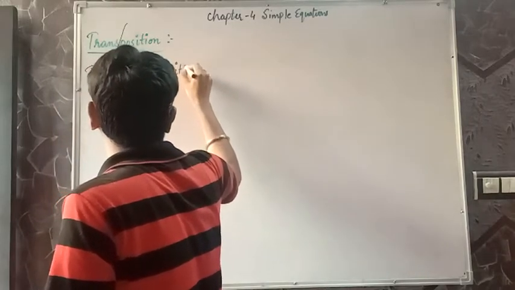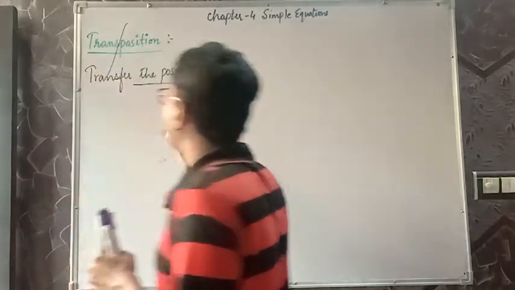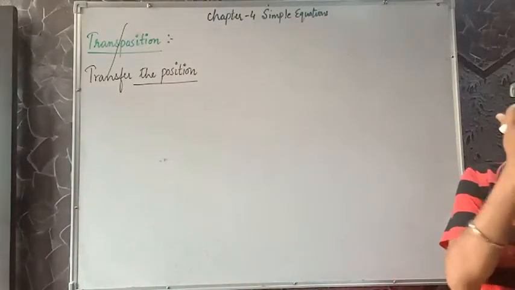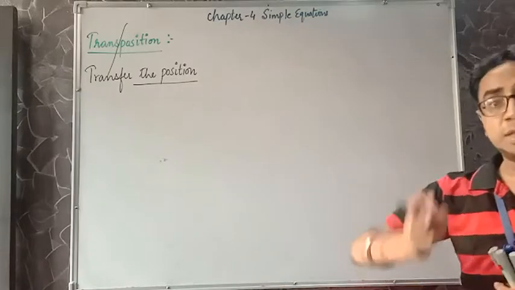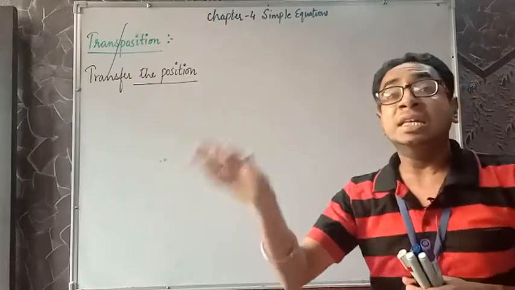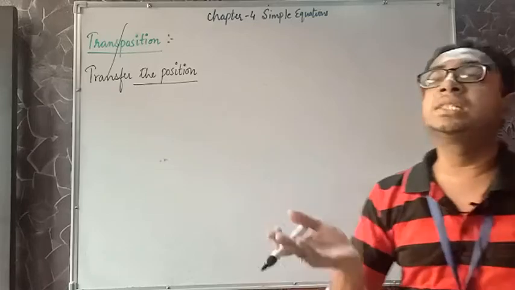Basically, what happens in this method is that if you transfer the position of any variable or any term from LHS to RHS or RHS to LHS, the sign of the term changes.